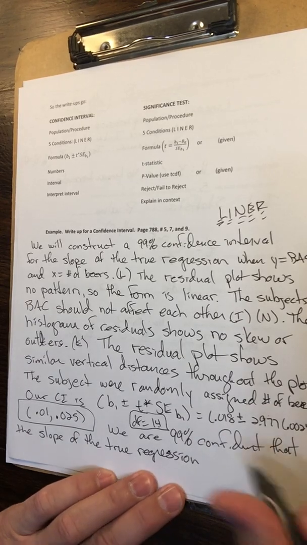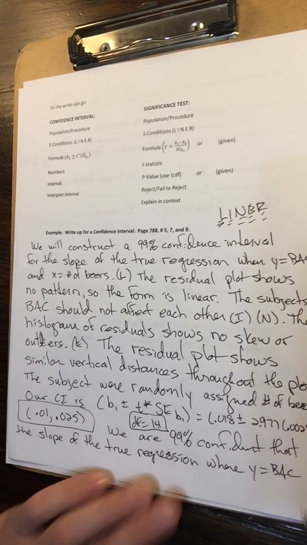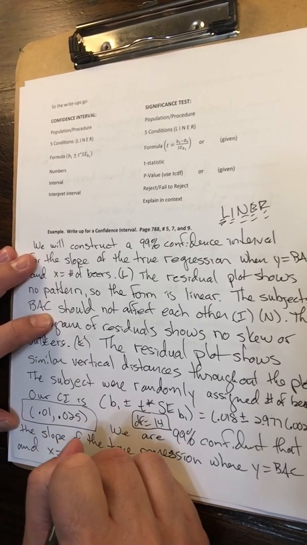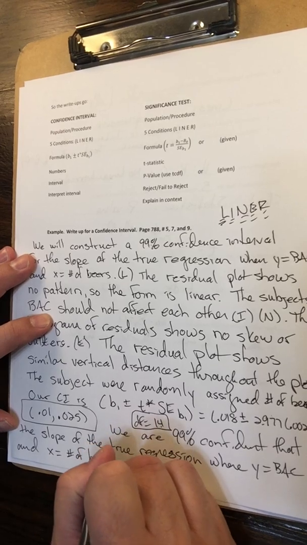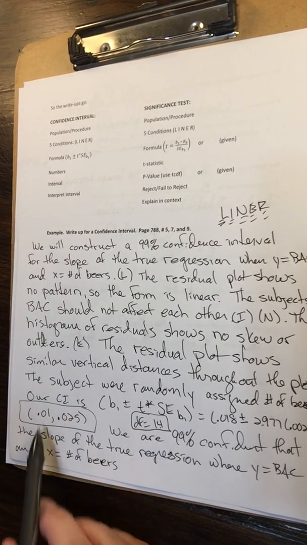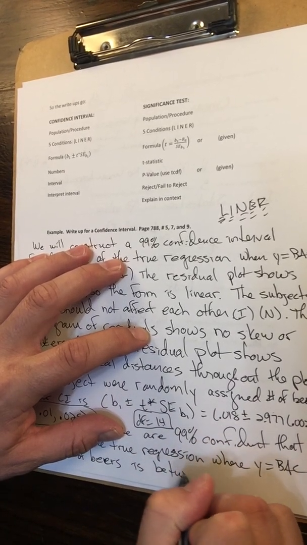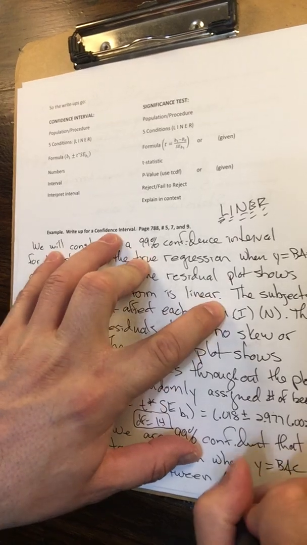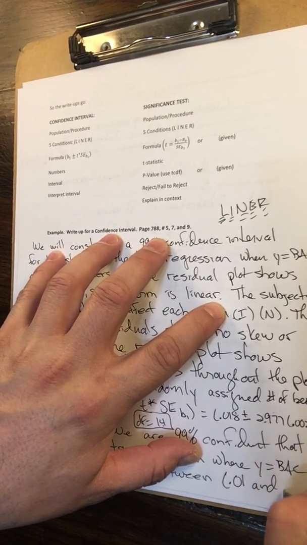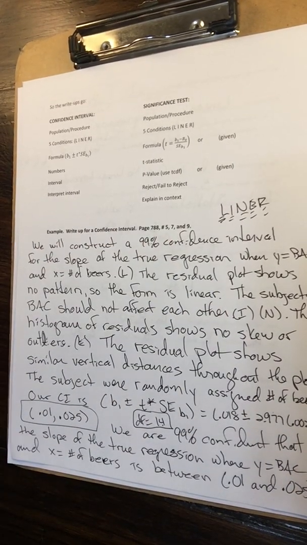The true regression line where y equals blood alcohol content and x equals number of beers. It seems reasonable that if you drink more beer, you're going to have higher blood alcohol content, so this slope should be positive, between, of course, none of you would know anything about that, that's good, 0.01 and 0.025. Okay, there you go. There's your confidence interval.